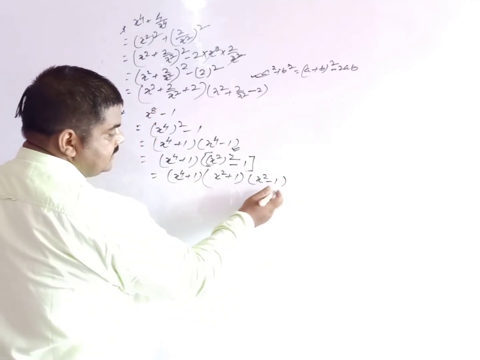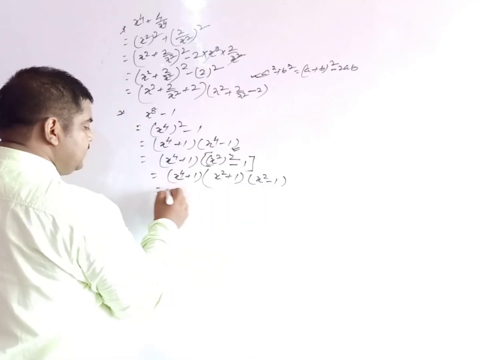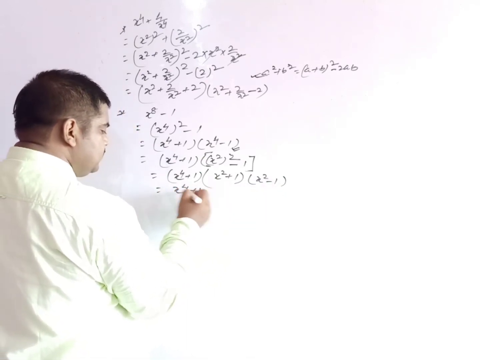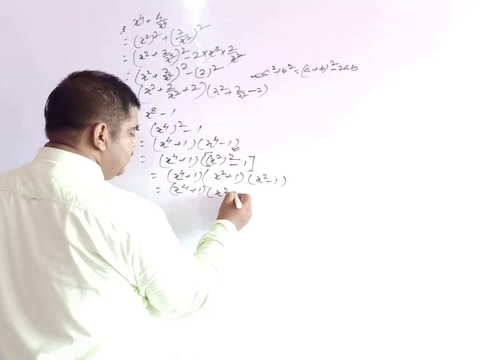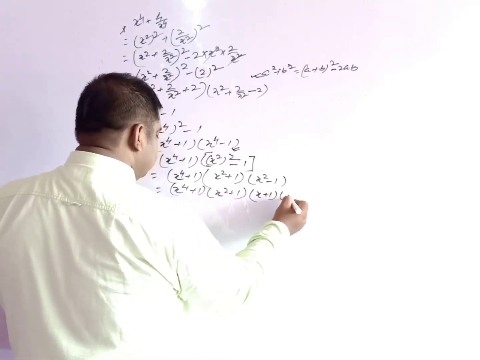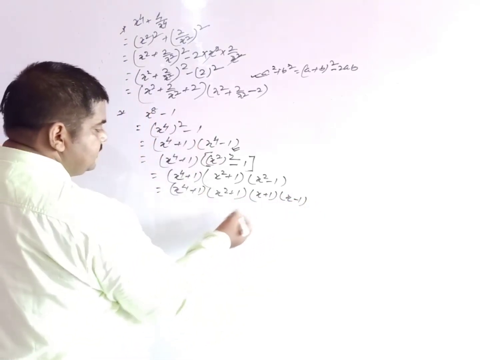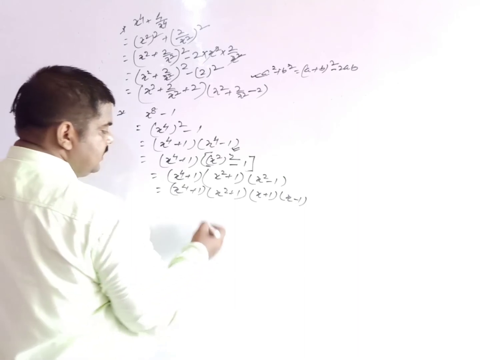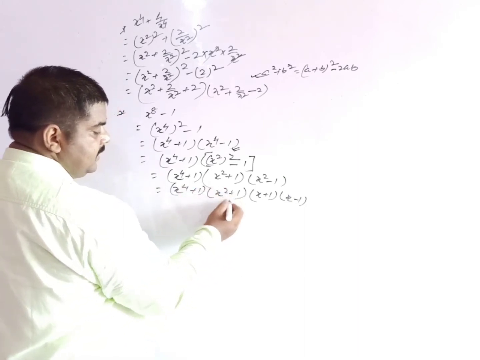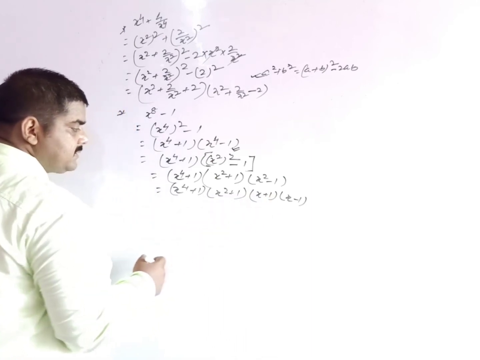And you can see that this is also in the form of a square minus b square. So again you have to do one more step, and it will be (x plus 1) into (x minus 1). So its final solution is (x to the power 4 plus 1)(x square plus 1)(x plus 1) into (x minus 1).